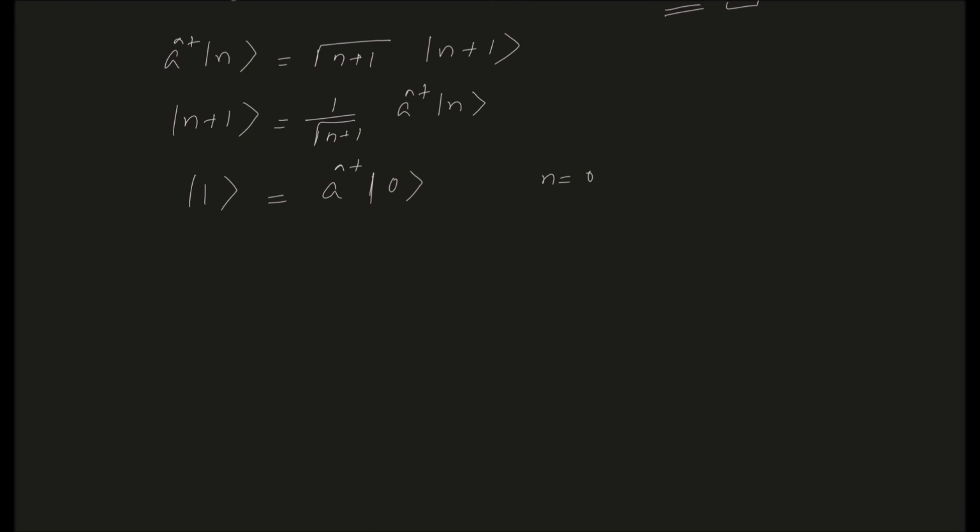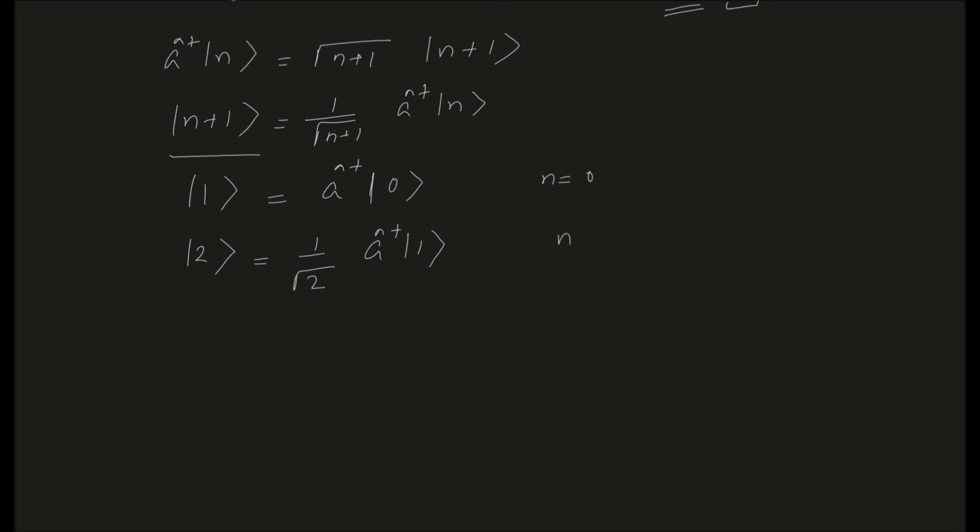So this will be a dagger acting on the 0th state if you take n equal to 0. Now if you act with one more a dagger, to get the state 2, according to this expression, this is given by 1 by square root of 1 plus 1, then a dagger acting on the state 1.